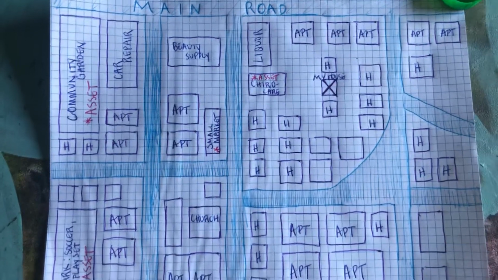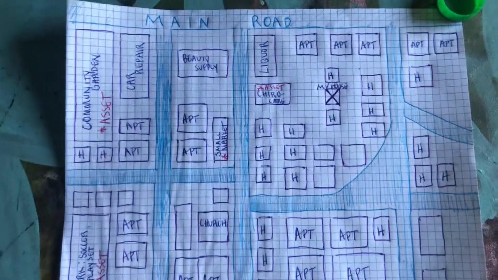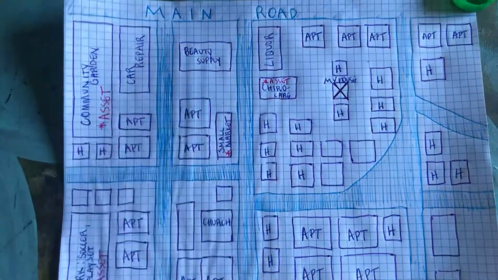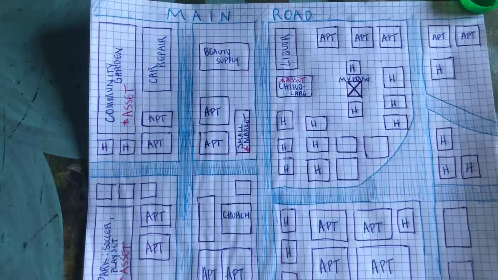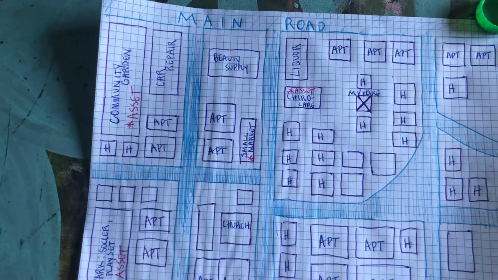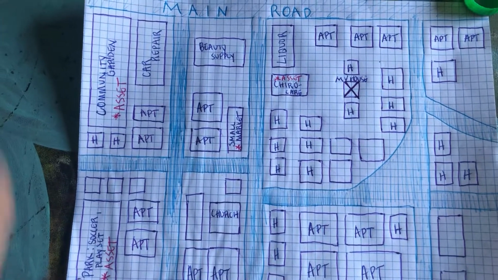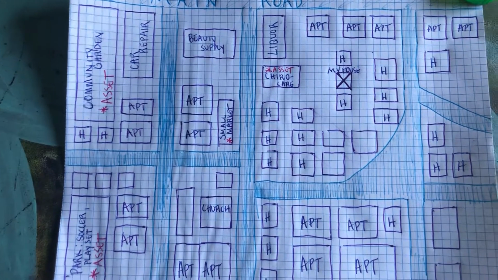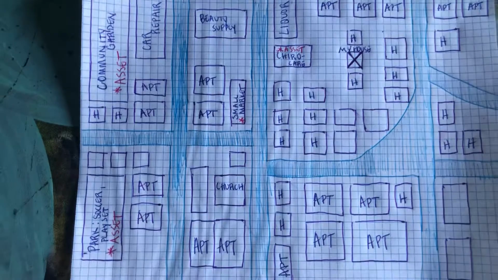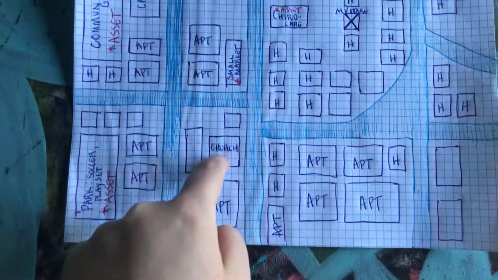But for small needs, it does do the trick. A couple businesses: there's a beauty supply store, car repair, also liquor stores. Liquor stores are everywhere around here, and also a church.